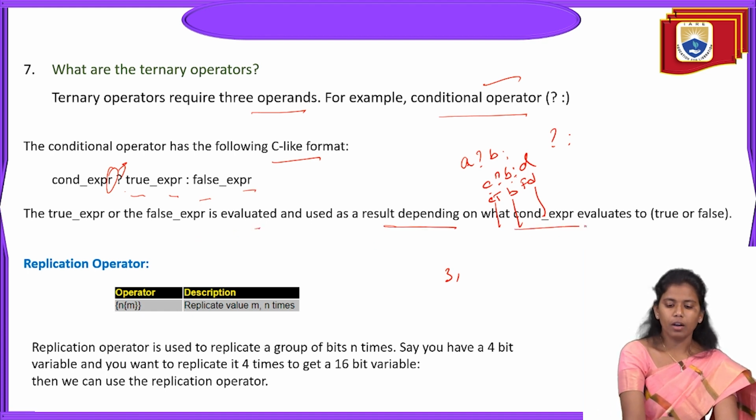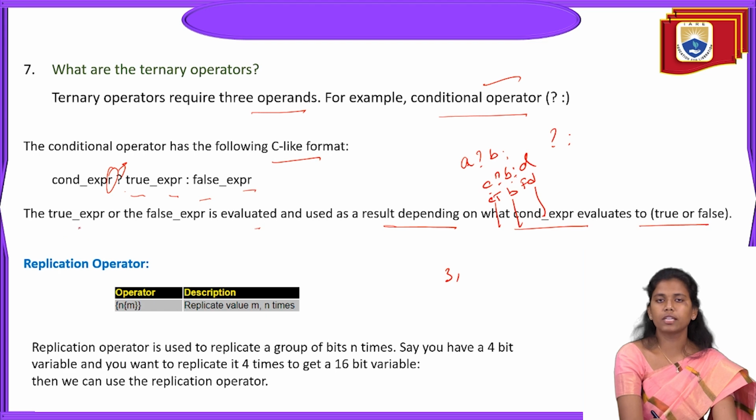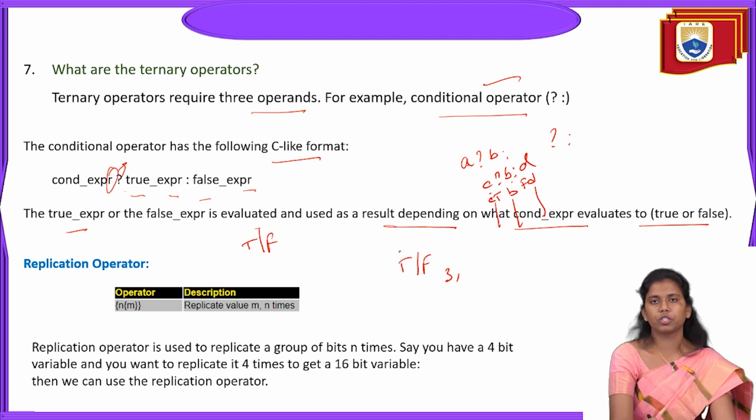So the output that you are observing is based on the condition being true or false, and it can be used as a result depending upon what the condition expression evaluates.